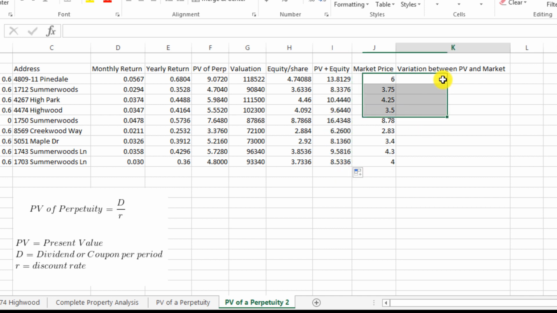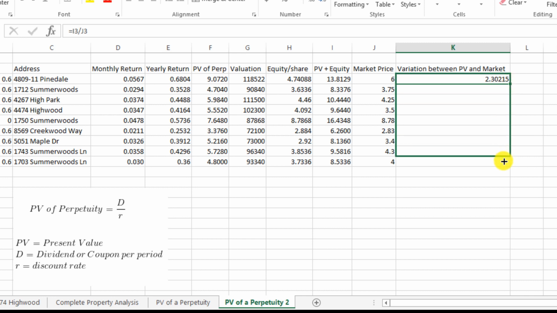Okay, so now here are the new numbers. This is going to be our total column. And again, we're just going to compare the variation. So we're going to do the present value plus the equity, and divide that by the market price. And again, we're looking for the greatest positive variation.